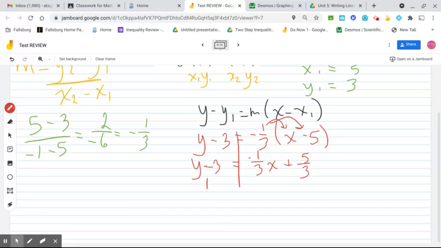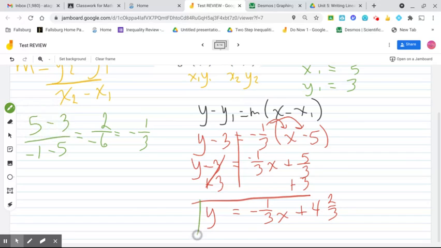And last but not least, I'm going to add 3 to both sides because I want to get that y by itself. So I get y equals negative 1/3 x, and I have 5/3 plus 3, that's 4 and 2/3. Okay, so this would be our final answer here.